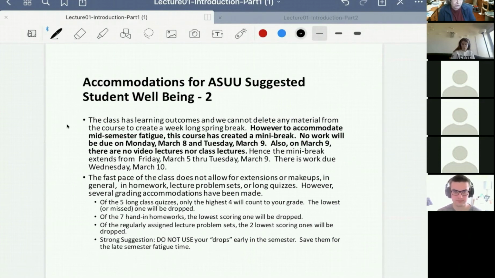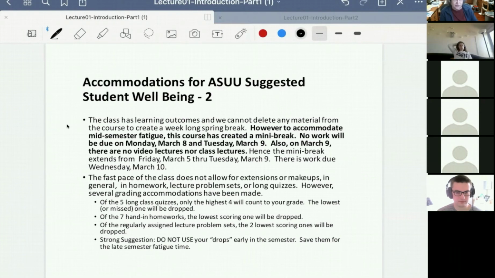In general, because of the fast pace of the class and the fact that we want to have homework handed in, graded and handed back rapidly so students can look at it and use it to study, and quizzes so that we can grade them and get them back, I can't allow extensions or makeups unless, as I said, it's a doctor's note or a family emergency that you can give me information on.